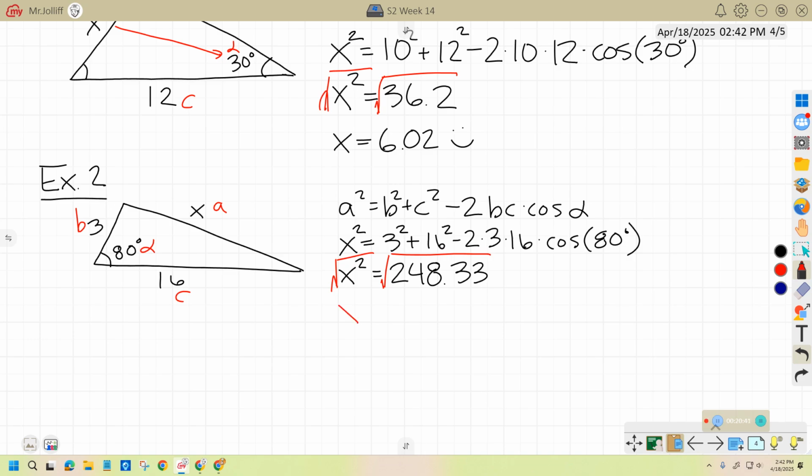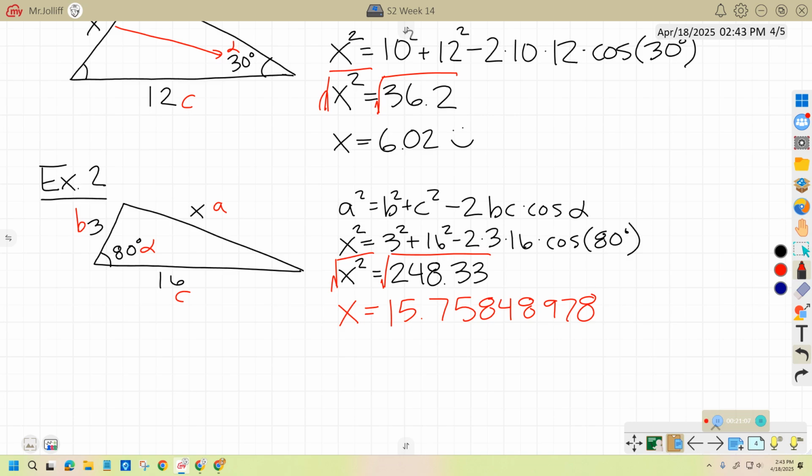So if you do it the old way, which is square root of, what do we put on the board, 248.33, you get 15 point, and I'm going to copy this out further than we need to, 5, 8, 4, 8, 9, 7, 8.